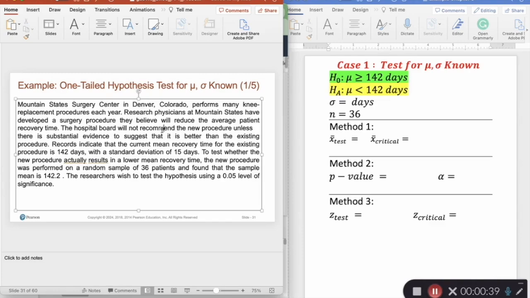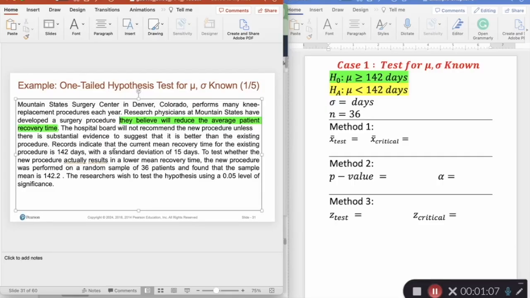Mountain State Surgery performs many knee replacement procedures every year. Research physicians developed a surgery procedure they believe will reduce the average patient recovery time. This is a key statement. Why is that? Because this is what they are claiming.